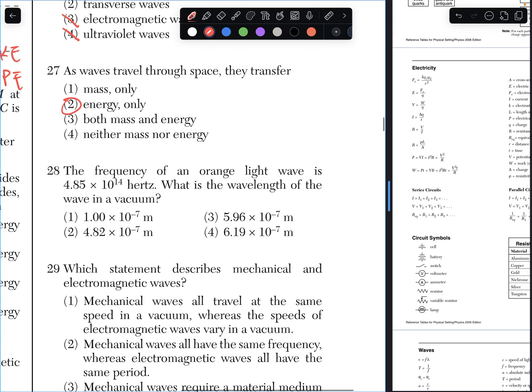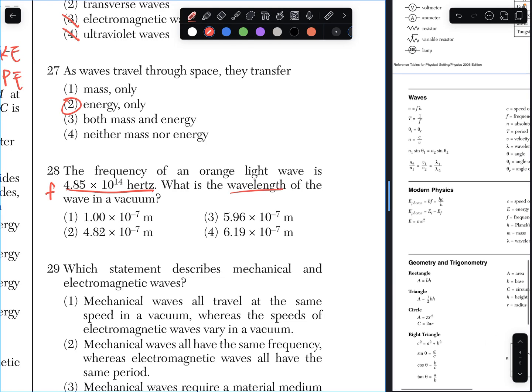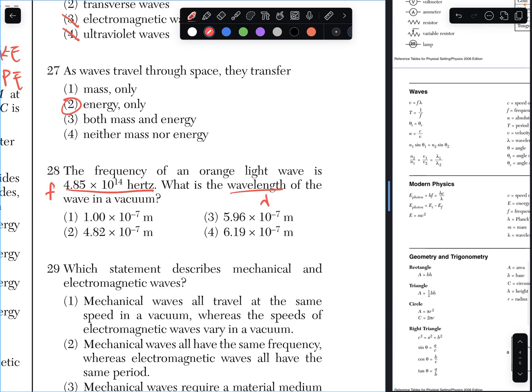Okay, the frequency of an orange light wave is given, so we have the frequency, that's going to be f. We're looking for the wavelength in a vacuum. The wavelength is going to be lambda. So we have v equal to frequency times lambda, and v is going to be the speed of light in a vacuum.